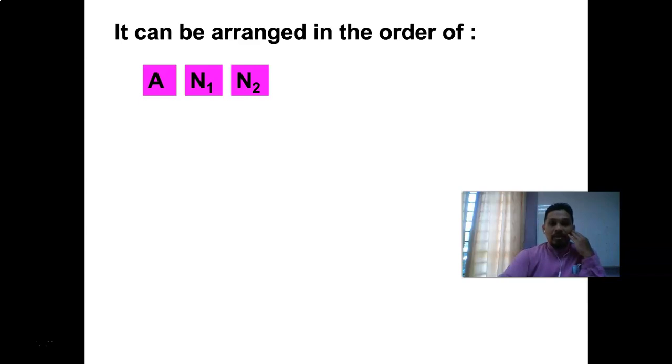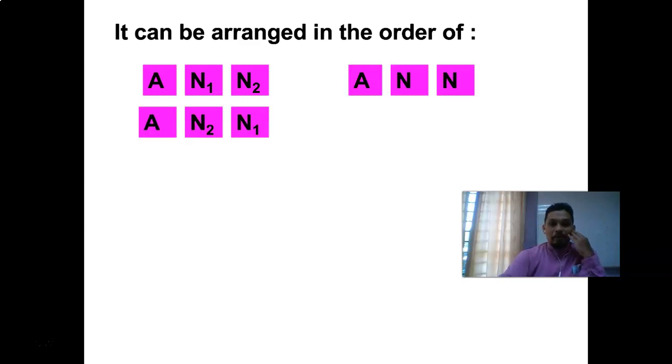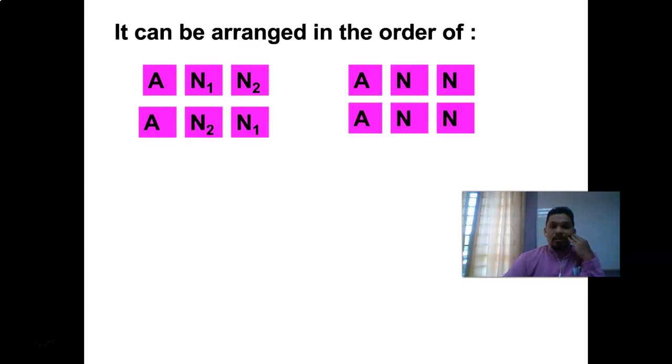We switch the positions of N1 and N2, so from A, N1, N2, we get A, N2, N1. But here we consider this as 1 because N is still the letter N.